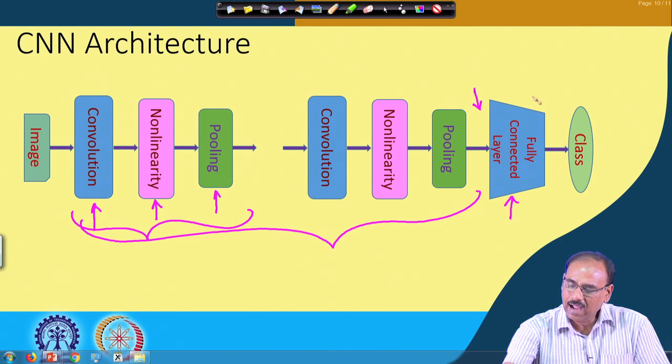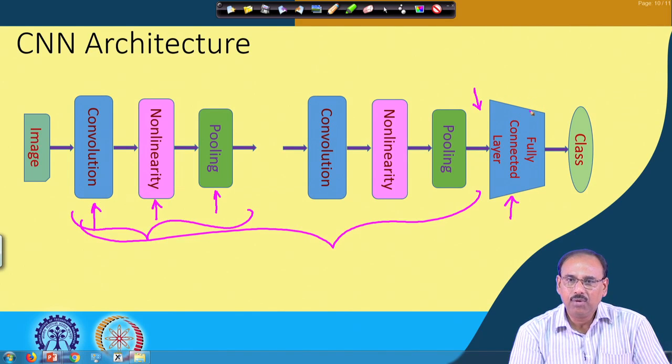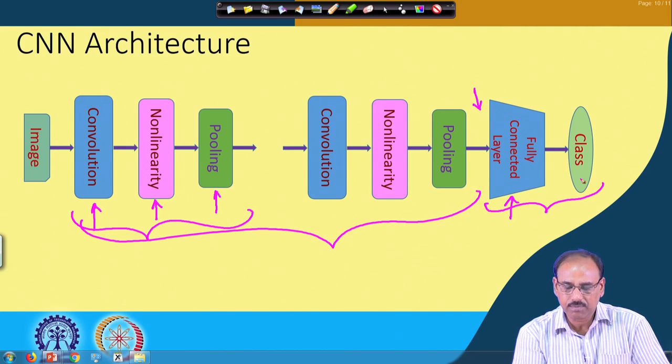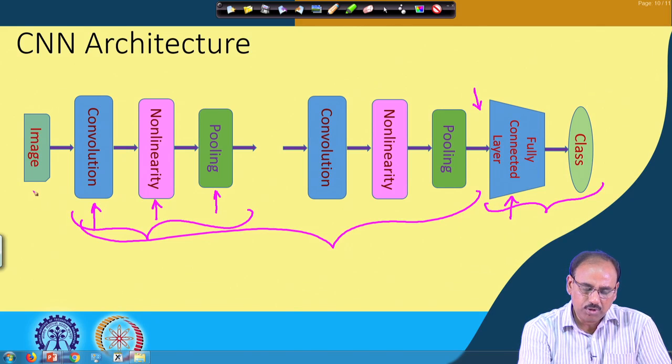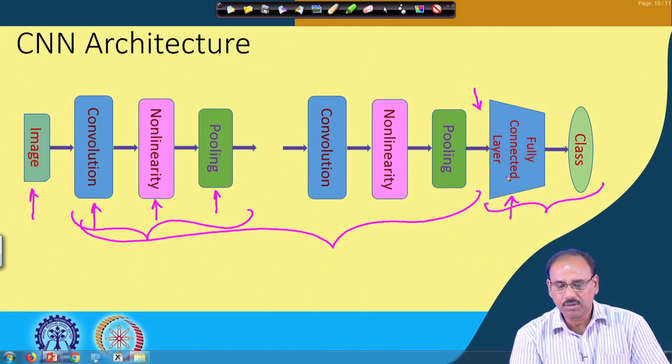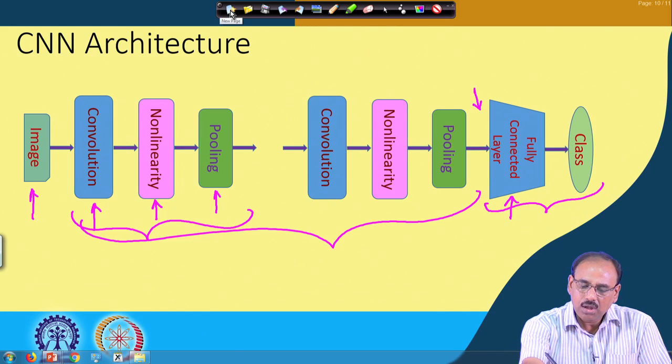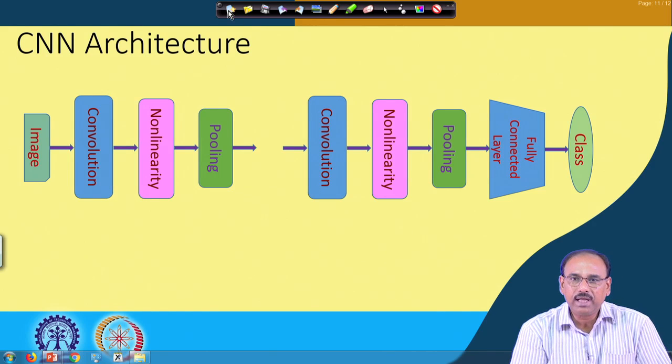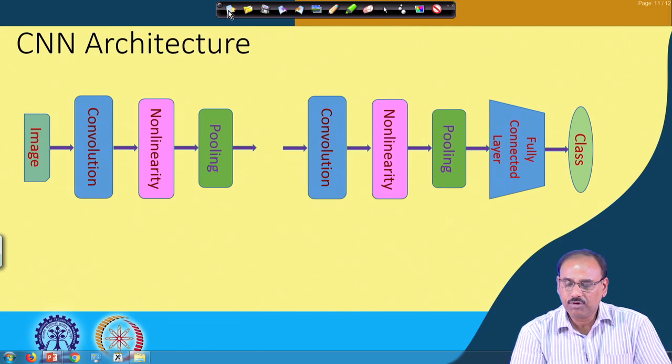And then I have a fully connected layer which classifies the input to one of the known categories. So, this fully connected part of the network gives you the classification. For a given input image, you have all these operations in between, and finally you can classify the input image to one of the known categories. So, this is a typical architecture of a convolutional neural network.